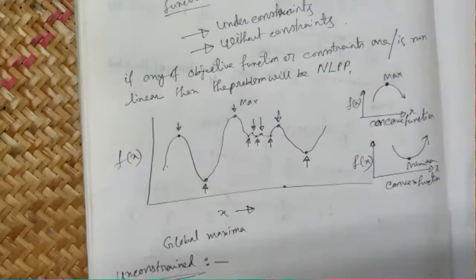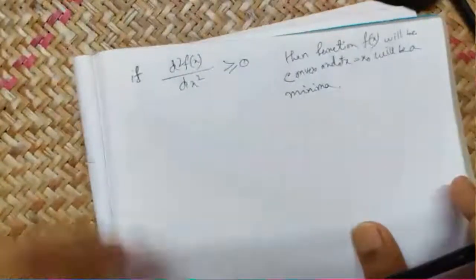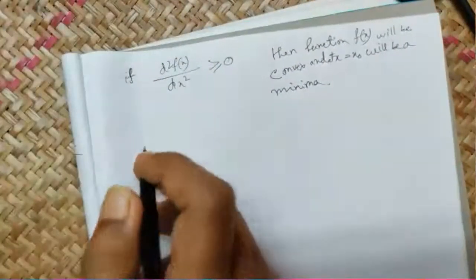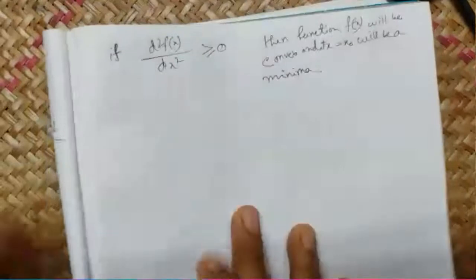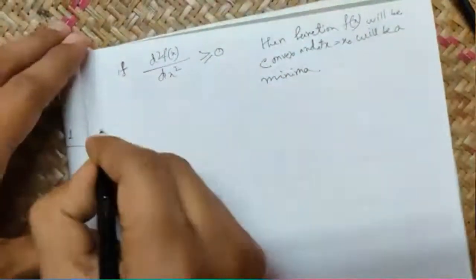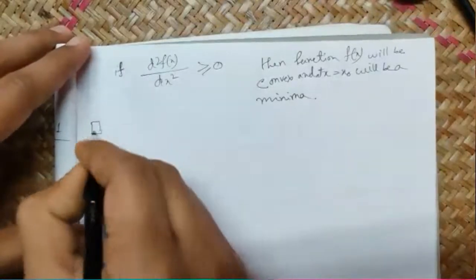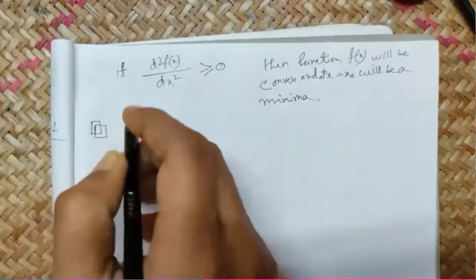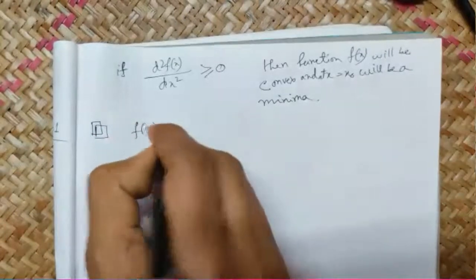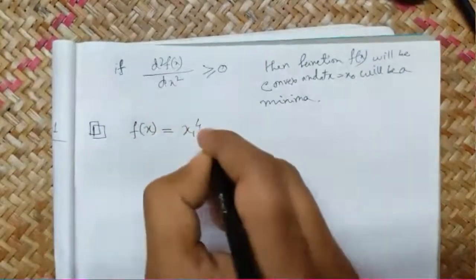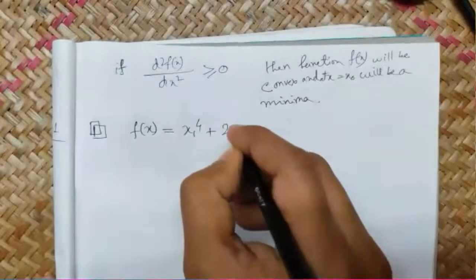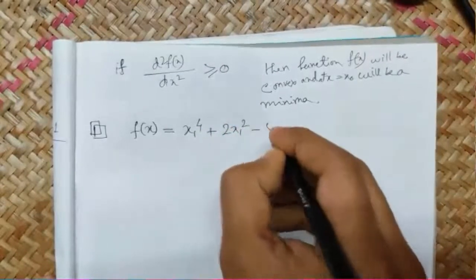The problem is to find out if the following function is concave or convex. A function is given, which is fx is equal to x1 to the power 4 plus 2x1 square minus 5x1.